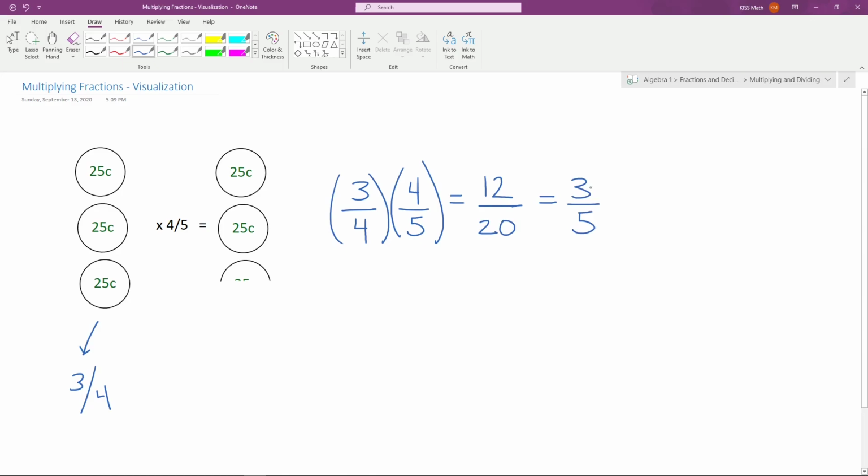And if you convert 3/5 to decimals, that becomes 0.6. And when we're talking in dollars and cents, this would be 60 cents. So 75 cents times 4/5 would be 60 cents, which is good since we were expecting an answer less than what we started out with.